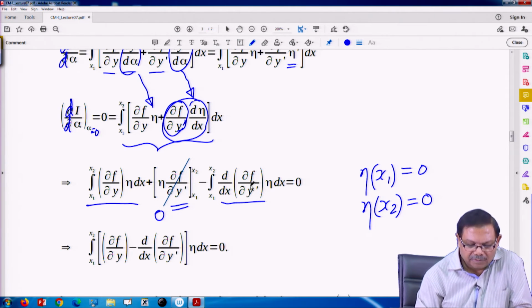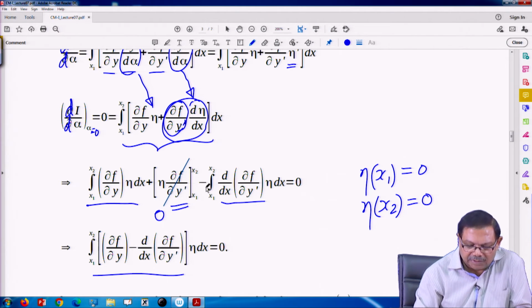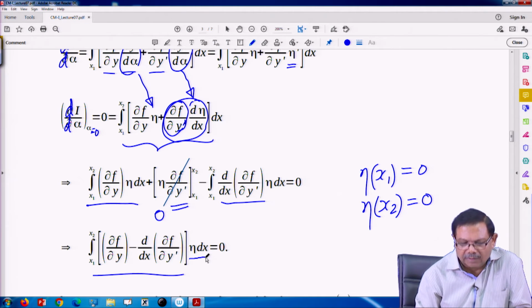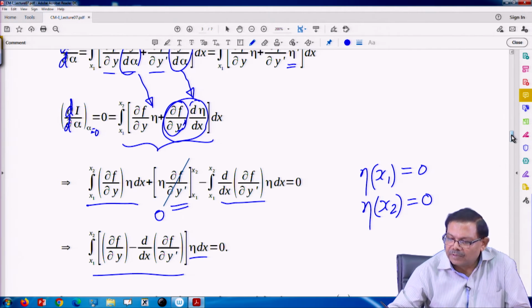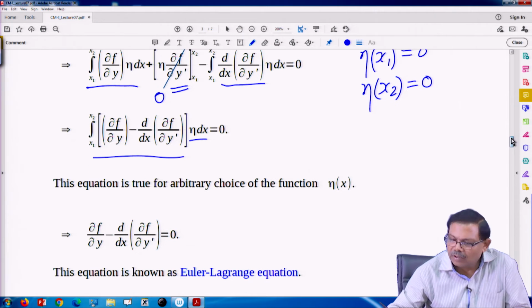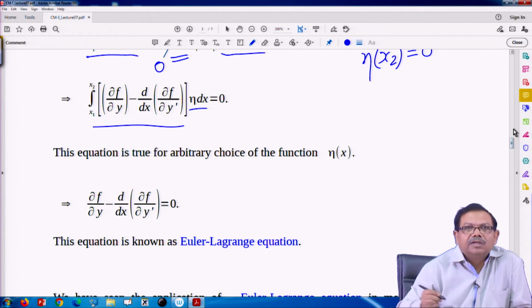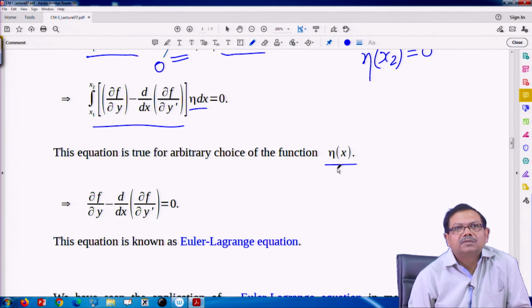So, now collect the other terms: partial f partial y minus d/dx of partial f partial y prime, multiplied with eta times dx, equal to 0. Now, this eta is an arbitrary function. While treating alpha, we may choose a particular form, but in general, what form I choose for eta, we are free to choose.